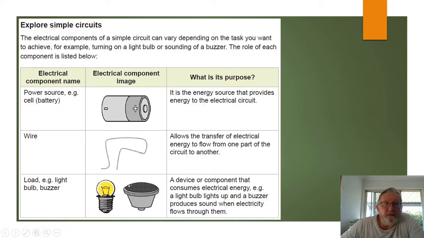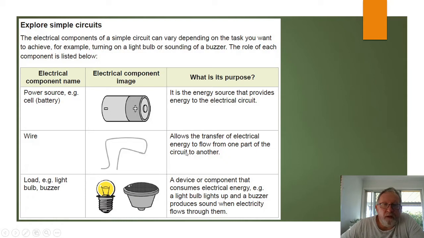Alright, so we're going to explore some simple circuits. The electrical components of a simple circuit can vary according to the task you want it to achieve. Turning on a light or sounding a buzzer are examples. So this table shows the role of each component. You've got the power source, and that's an image of it, such as a battery, and it's the energy source that provides energy to the electrical circuit.